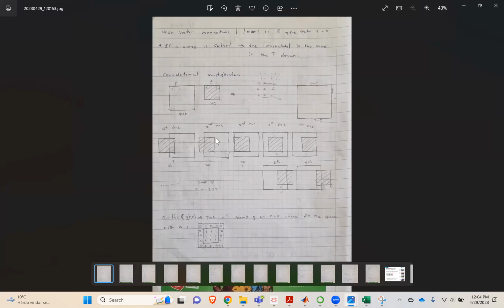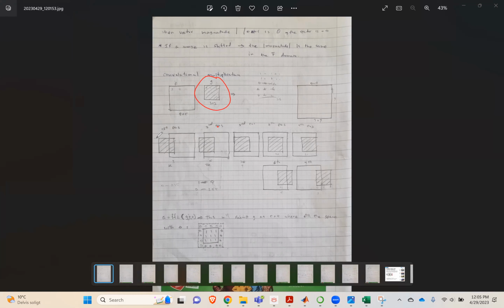So we'll start with this. Maybe you ask how this filter is applied and how the output size is changing. When you do the convolution, your filter should start from here. My original image is 5 by 5, and the filter is 3 by 3.